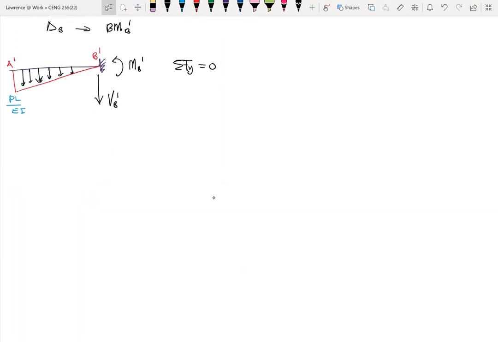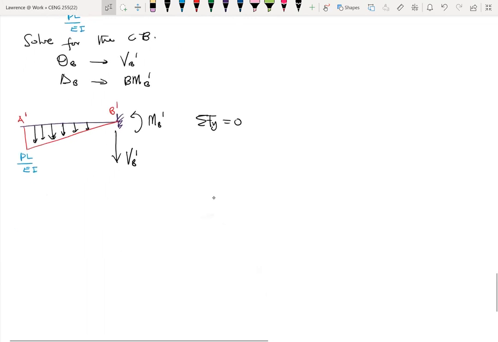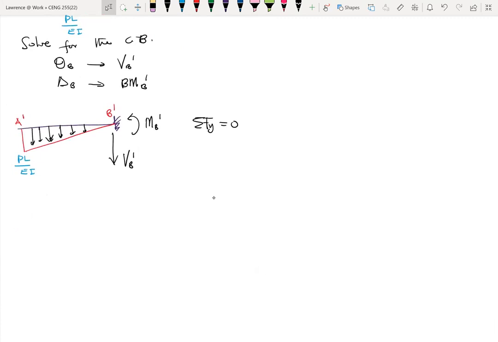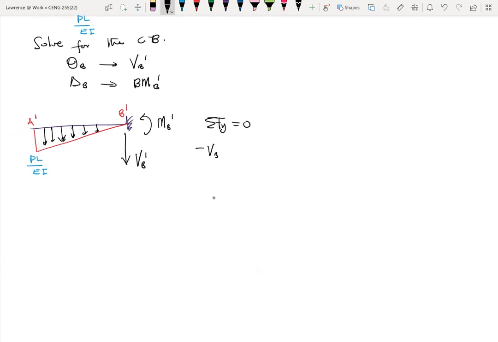here, you can decide that okay, all downward forces are either positive or negative. It's entirely up to you. But let me make it all negative so that it's easy for our minds to agree with whatever is happening. So here I have, it means that minus VB prime minus this area.